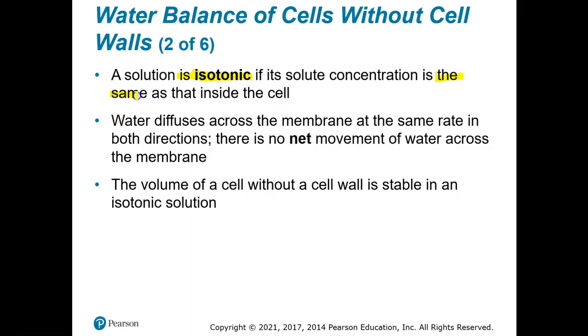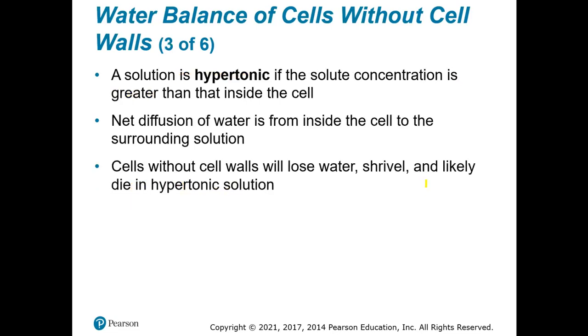Even if you place a cell in an isotonic solution, there's going to be movement of water into and out of the cell, but it's going to be the same amount. So the cell itself is not going to change. The volume is going to remain stable. The cell size will not change.